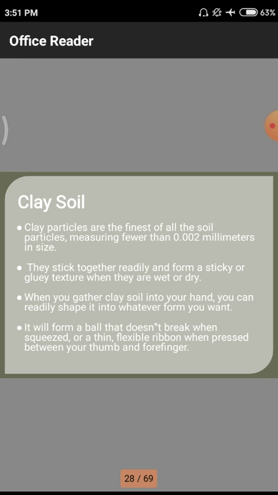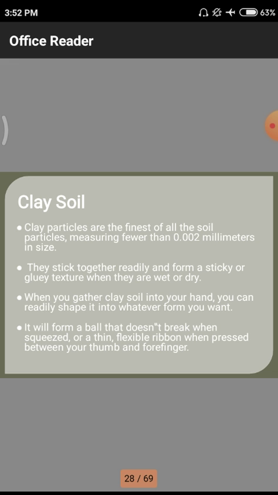But in case of these clay soils, these are very much lesser than the silty soils, like that, less than 0.02 millimeters their particle size is, and they stick together readily and form a sticky or gluey structure when they are wet or dry.